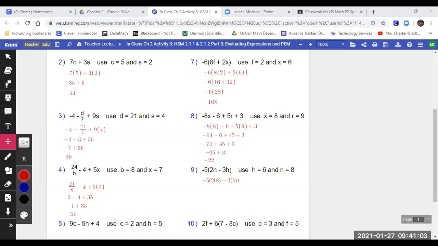The 2 times the 8, yes. And the 3 times the 6, because they're both in the same parentheses and they're both doing the same operation.